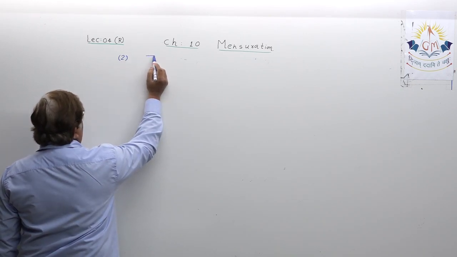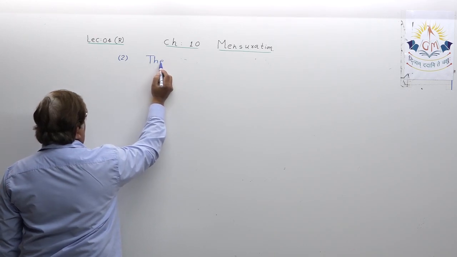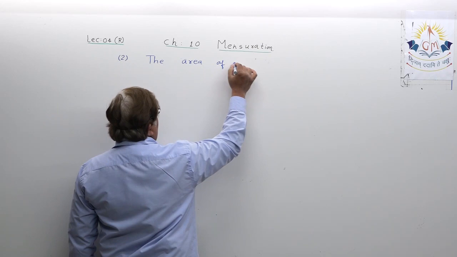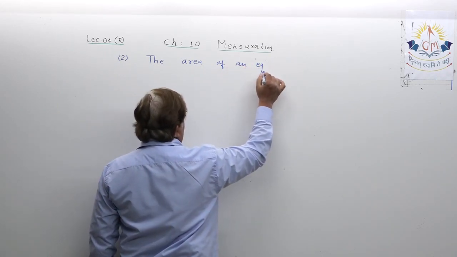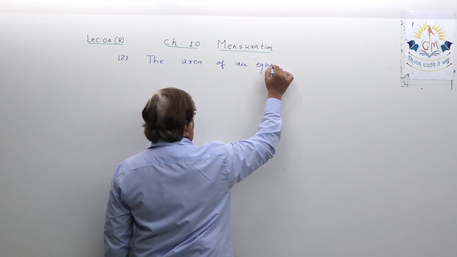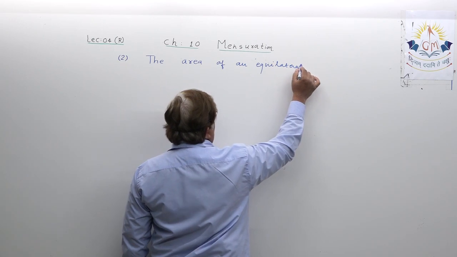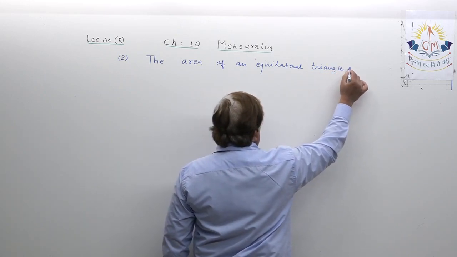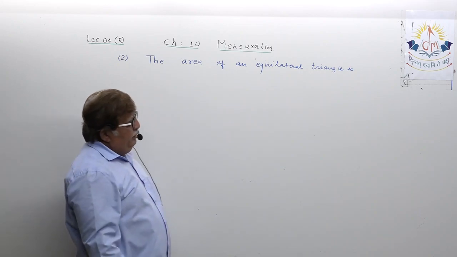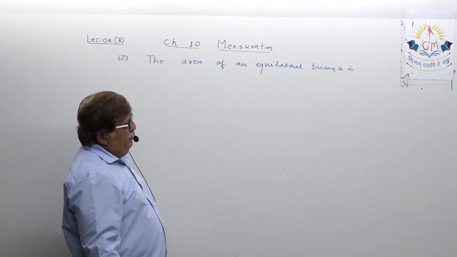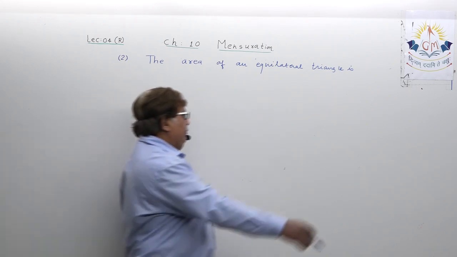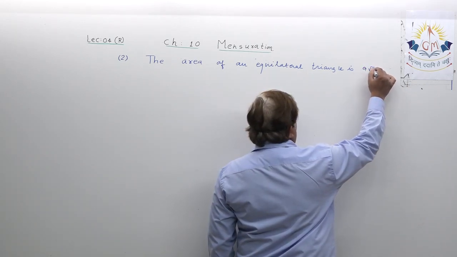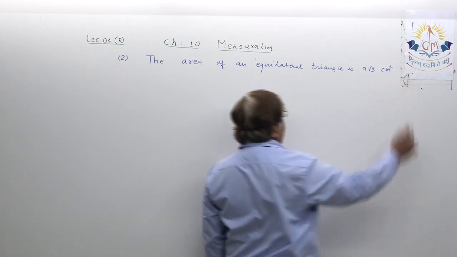The area of an equilateral triangle is 9 under root 3 square centimeter.